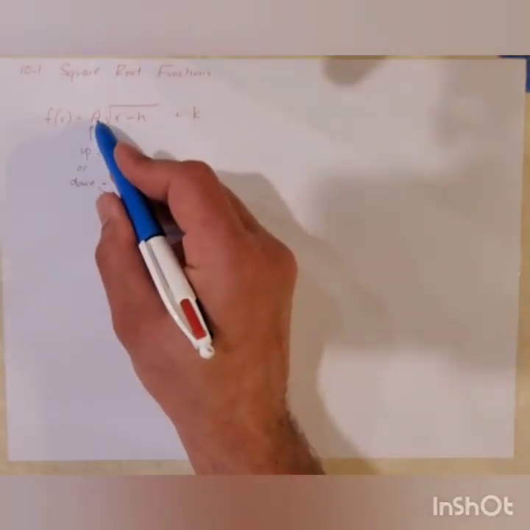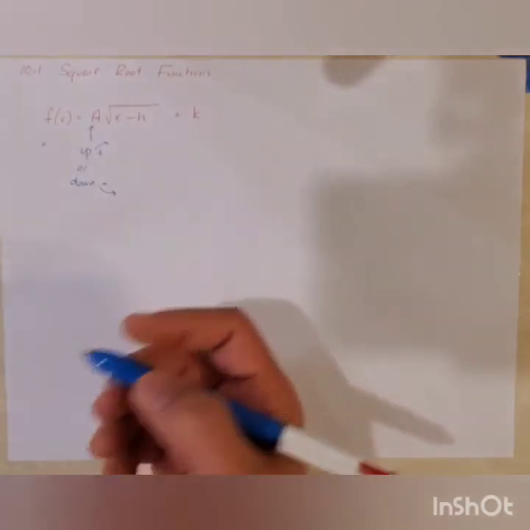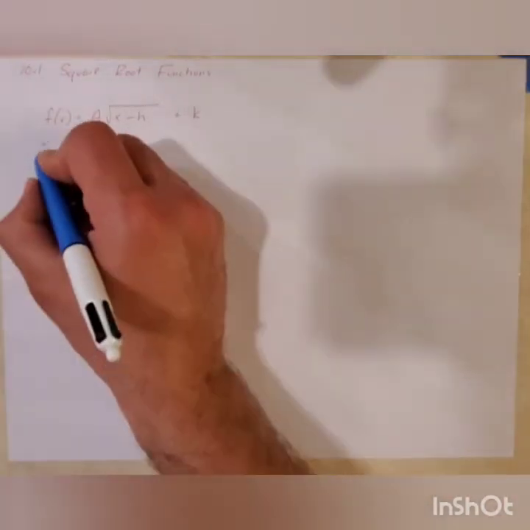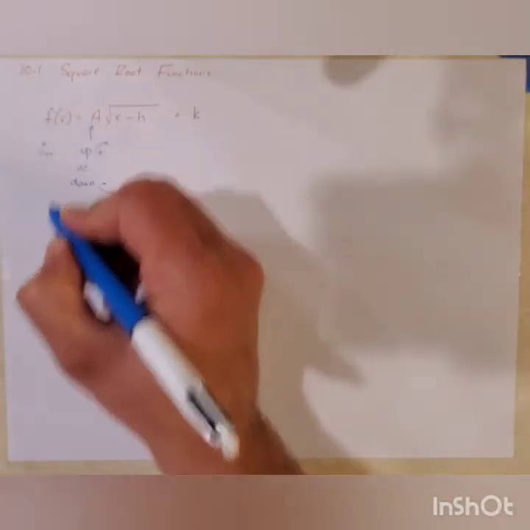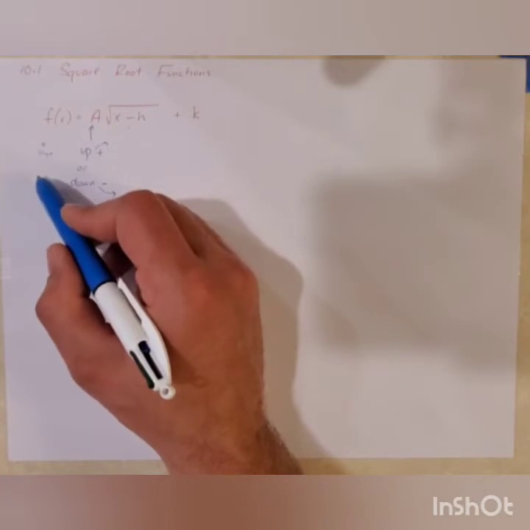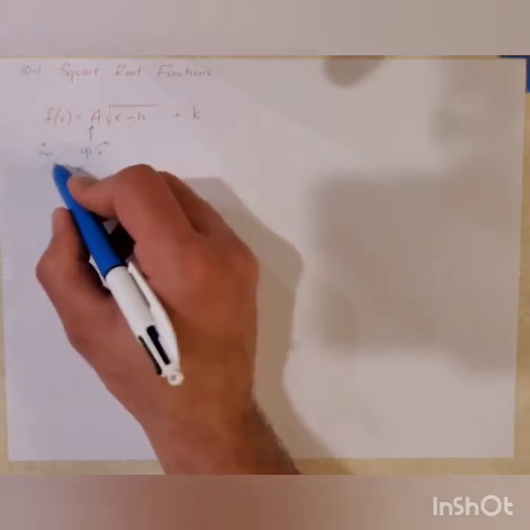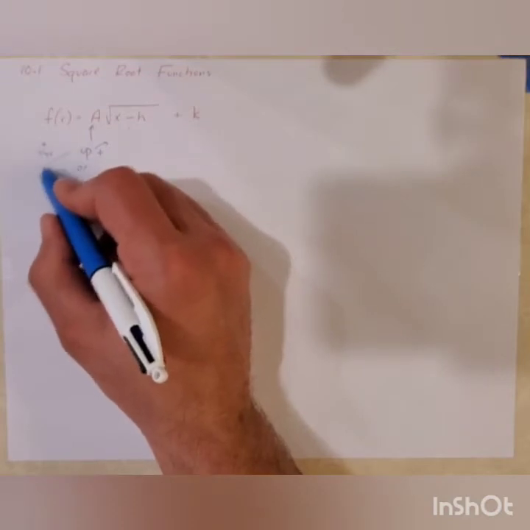A is also like the slope. It's not called the slope, but it's slope-ish. It's going to decide how steep the function is. So the bigger the number, the steeper it would be. If you imagine slope, the bigger the number, the steeper the slope.